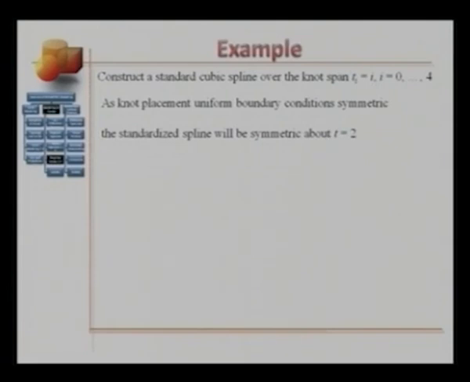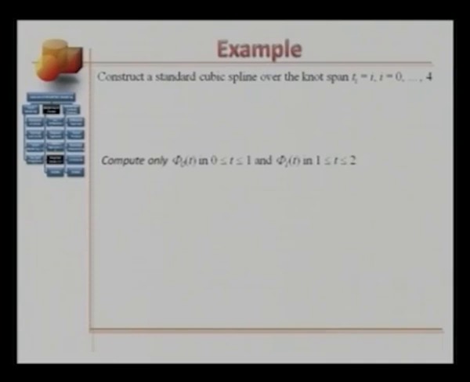The boundary conditions will be symmetric. So our standardized spline will be symmetric about t equals 2. This would mean that we would need to compute only 2 segments of the spline, phi 0t in the knot span 0, 1 and phi 1t in the knot span 1, 2.